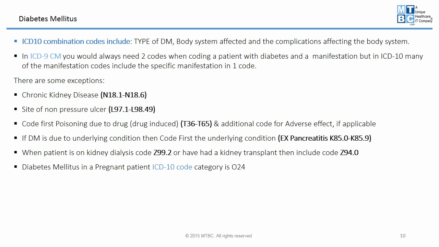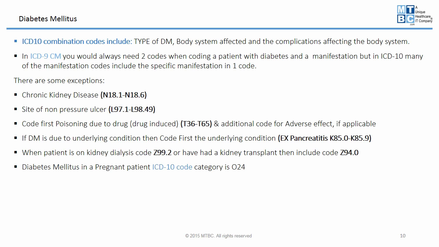Unless you cannot confirm what stage it is, then you can use the unspecified, but within the next visit or two, I would definitely make sure that you find out what stage it is, rather than just keep using the unspecified.